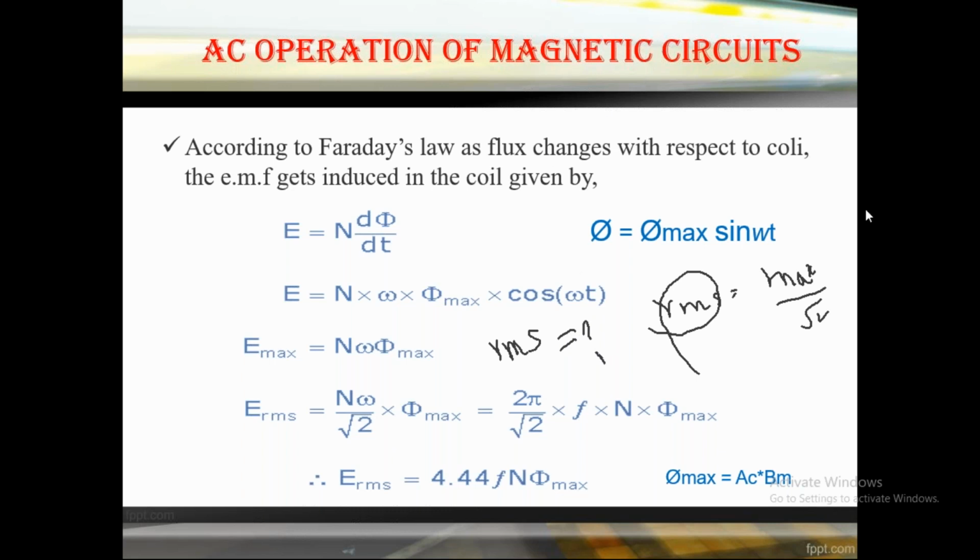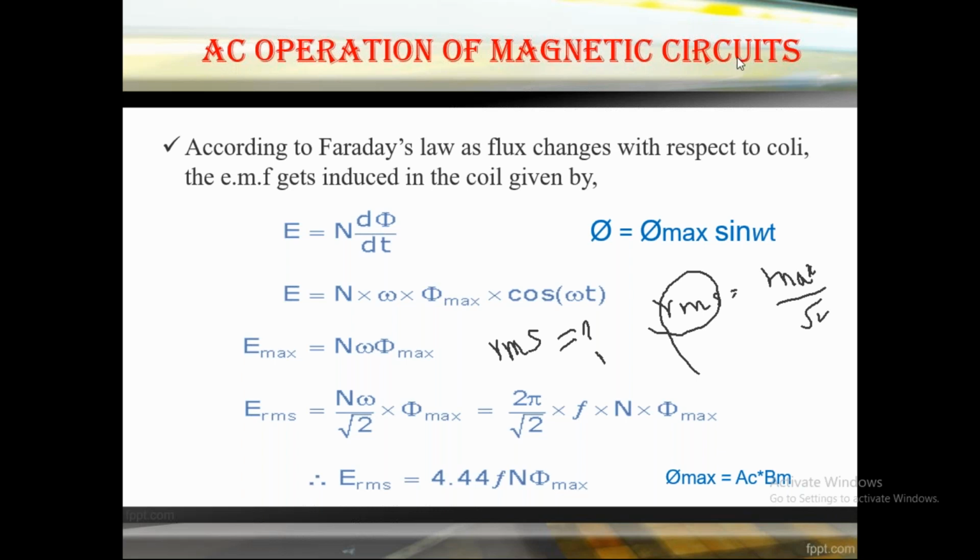RMS is the root mean square. We use root mean square only with AC supply, we cannot use it with DC supply. The maximum value, average value and RMS value we can obtain only in AC supply. I think you have studied network analysis: AC quantities, root mean square, average value, peak value, form factor.